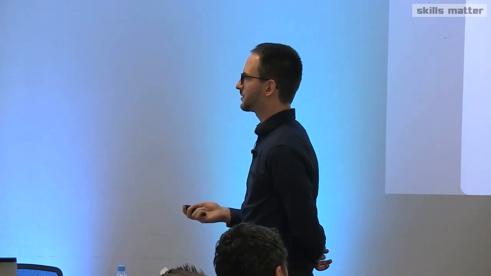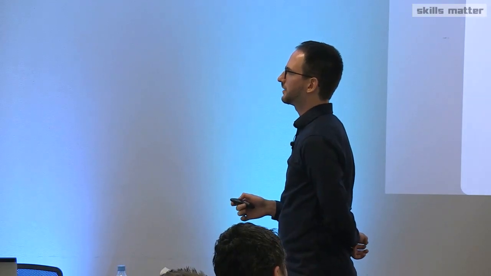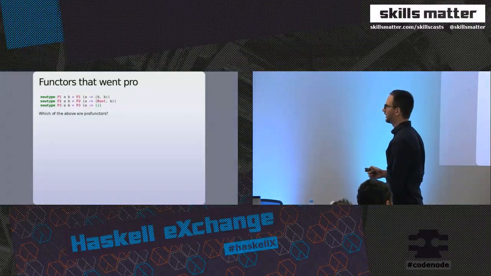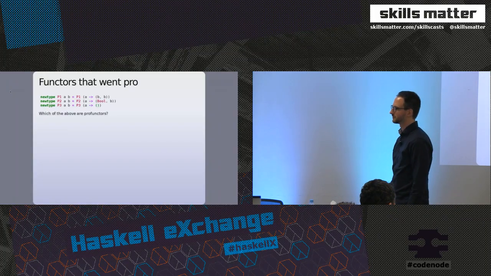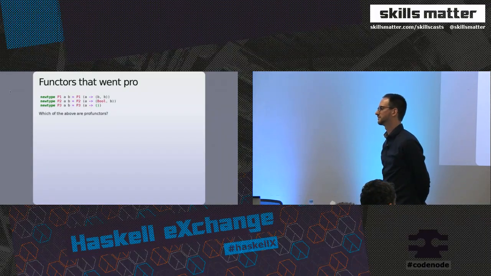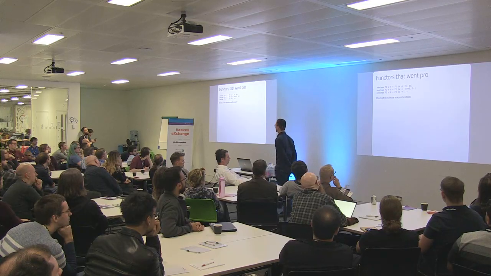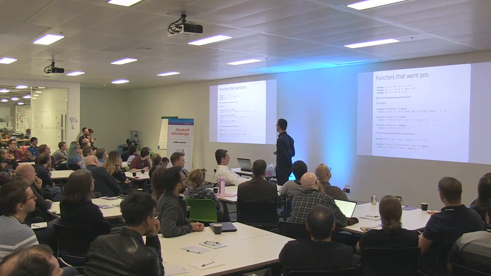So, okay, let's talk about functors that went pro. So here are the three new type definitions, which are pretty similar. And can anyone tell me which of the above are profunctors? Any guesses? First two, third? All three? Yeah, all of them are.